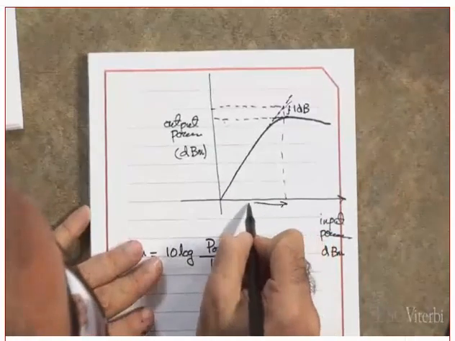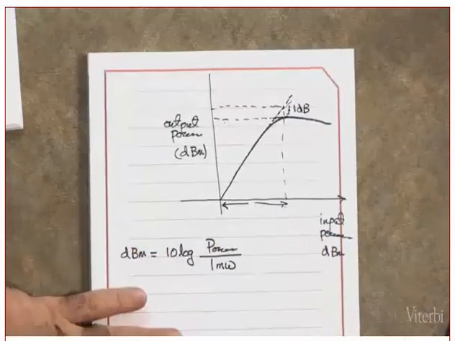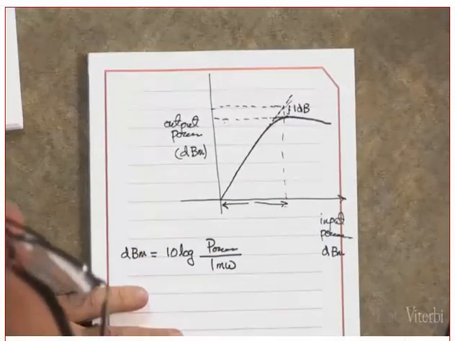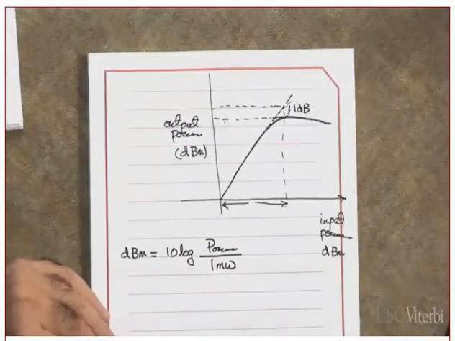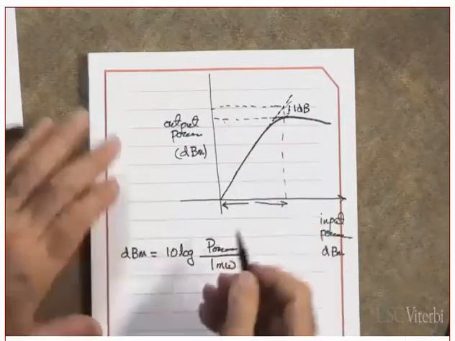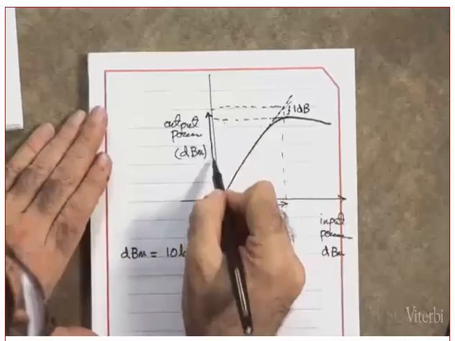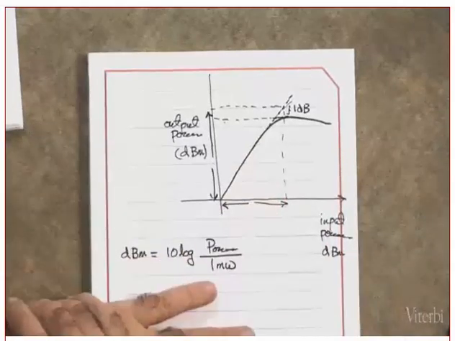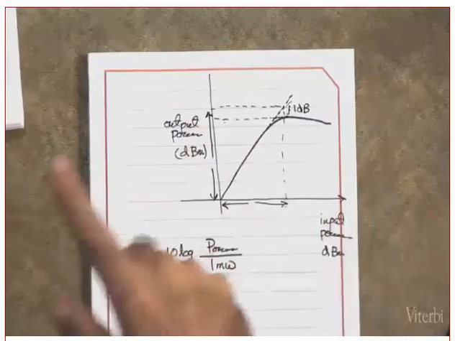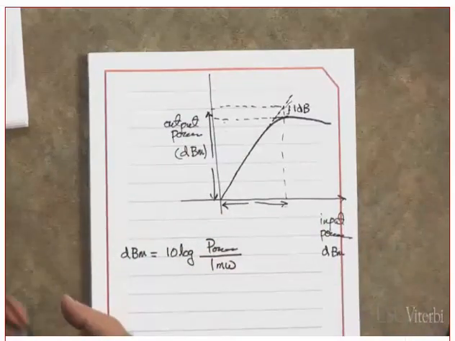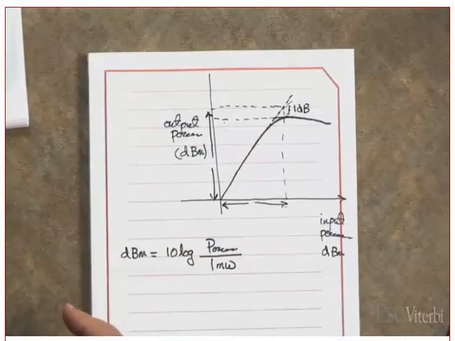From here to here. That's the 1 dB power compression from the input side. But on the output side, where is it? Clear? So the compression is a 1 dB deviation from the linear. Clear?